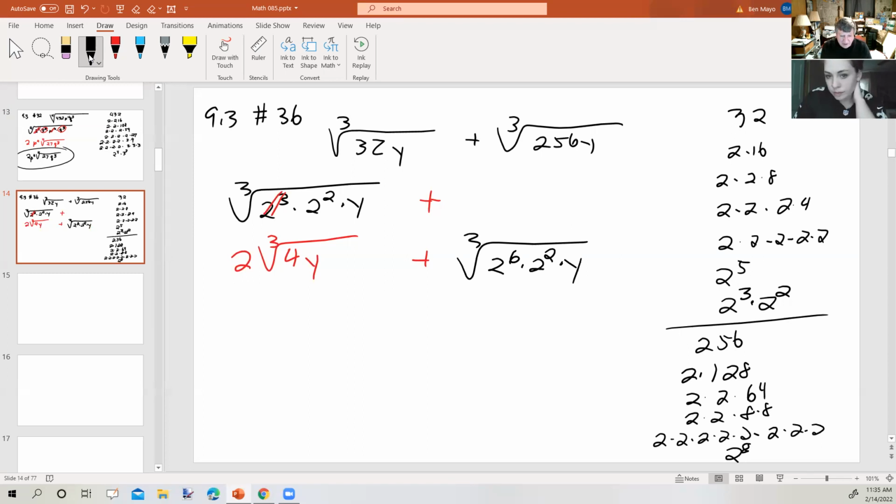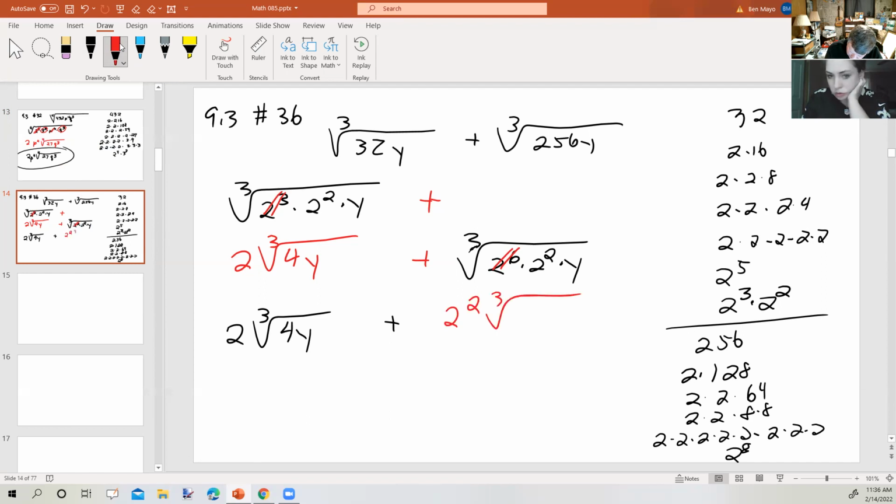Because the 6 is the highest multiple of 3 that is less than or equal to the 8th power. Okay, so now I have 2 cube roots of 4y plus the cube root of 2 to the 6th, which would be what? 2 to the 2nd power.